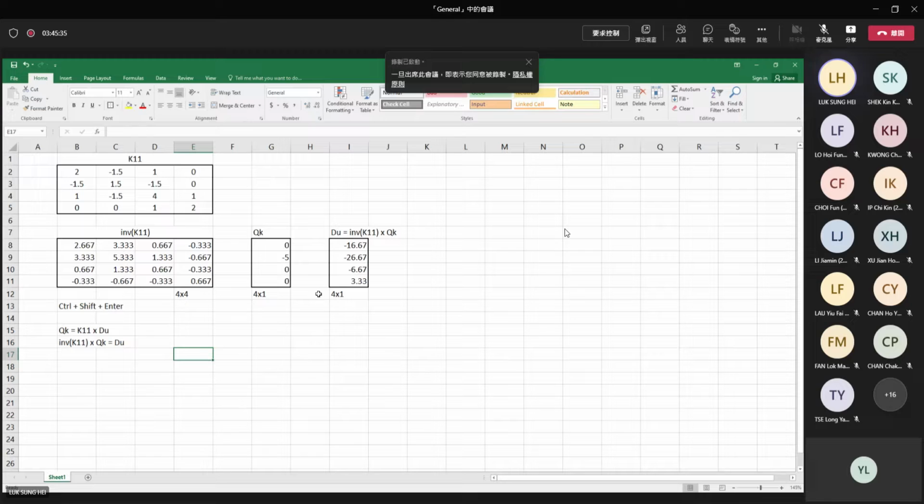Excel also supports matrix additions. Suppose we have two matrices, 1, 2, 1, 2, 3, 4, 3, 4. If I want to add these two together, actually Excel can help you do so.